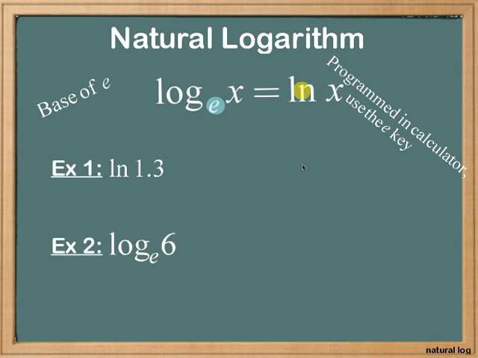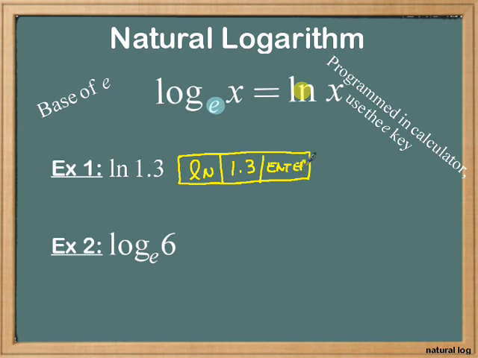Now to locate that ln key, you might have a separate key called ln, or perhaps, just perhaps, you have a second log key that's the ln. You're going to need to take some time to find it. Example 1, ln of 1.3. You simply are going to go to your calculator, press the ln key, then go ahead and press 1.3, and finally your enter key.